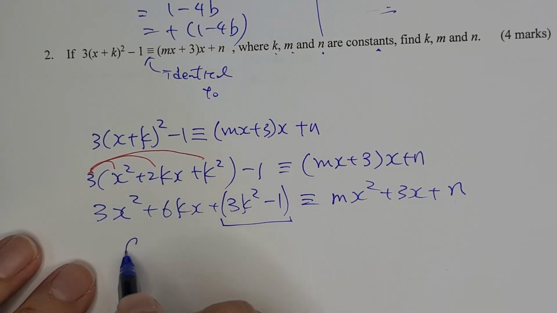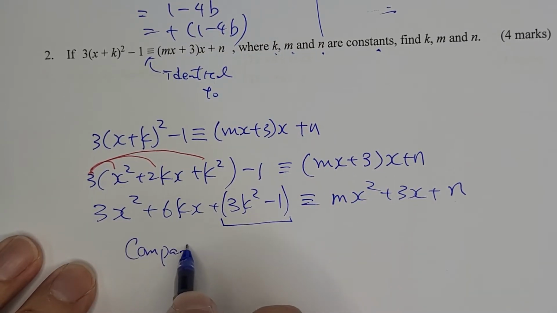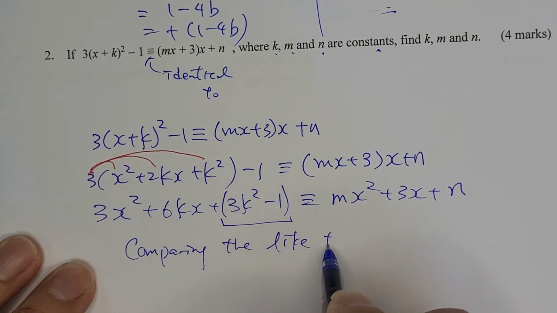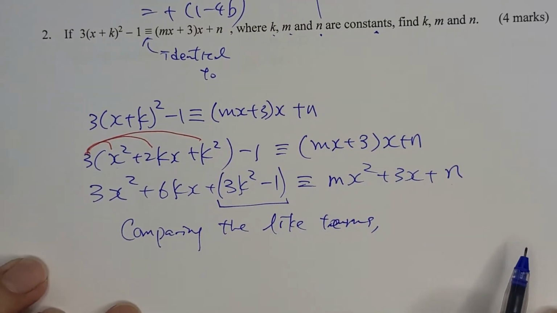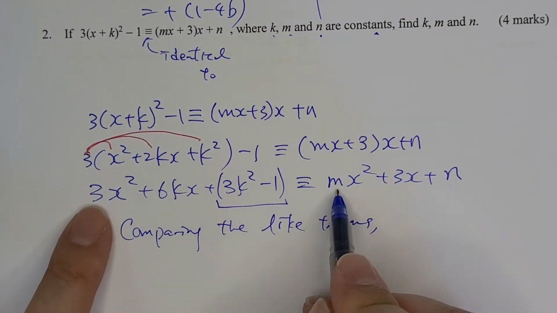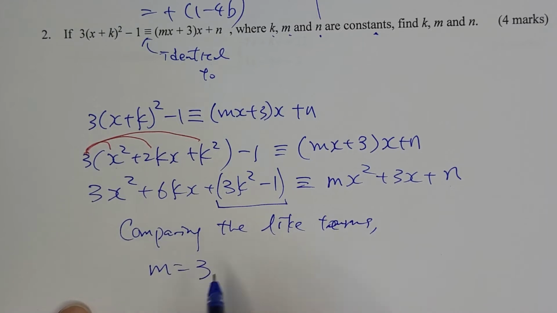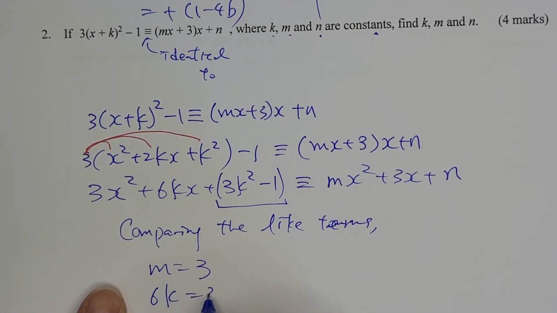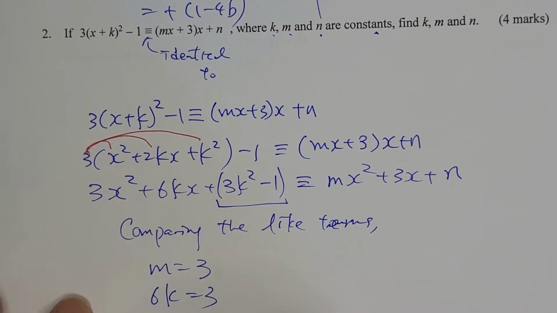So comparing the like terms, then we have m equals 3, 6 times k equals 3, that means k equals 1 over 2.